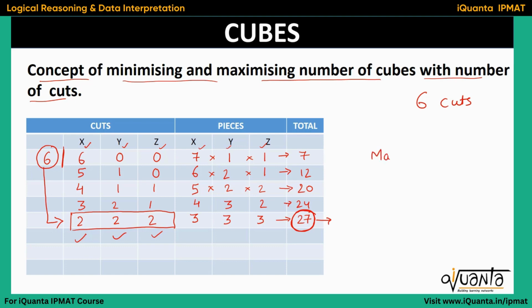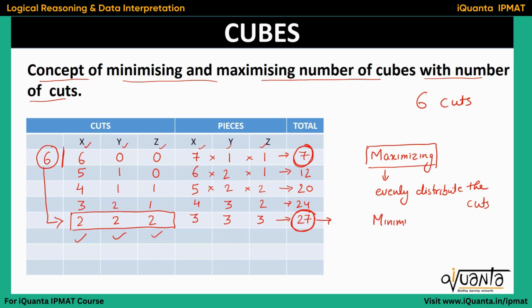For maximizing the number of cubes after cutting, we have to evenly distribute all the cuts into the axes. And the minimum number of pieces obtained is here, which is 7. For minimizing the number of pieces, we simply need to concentrate all the cuts into a single axis.